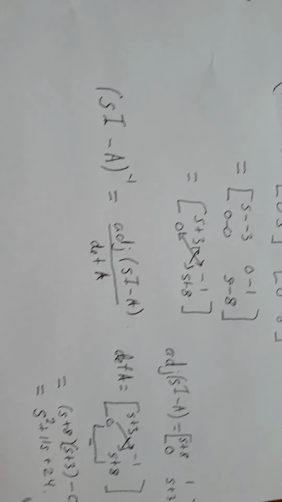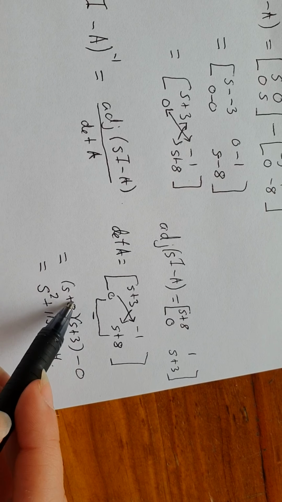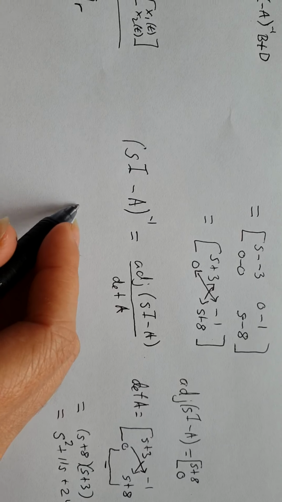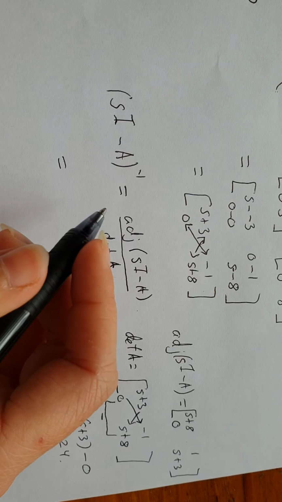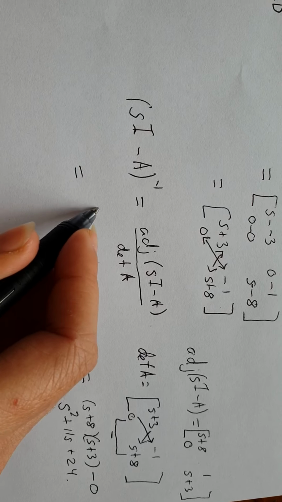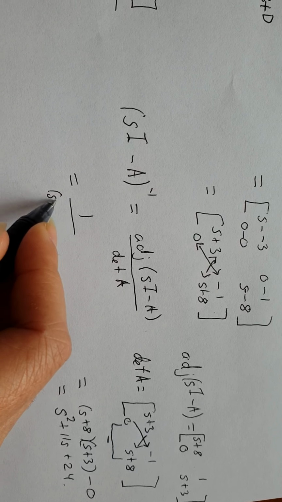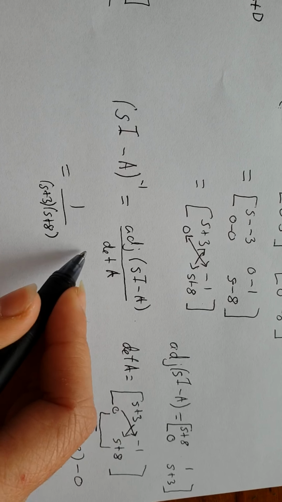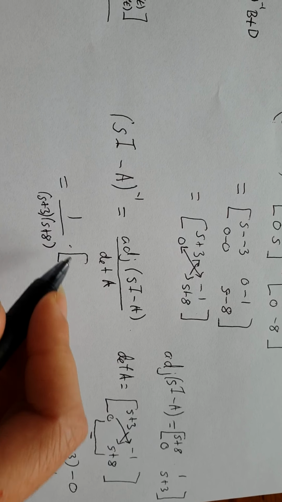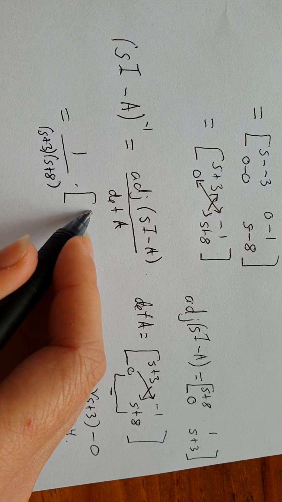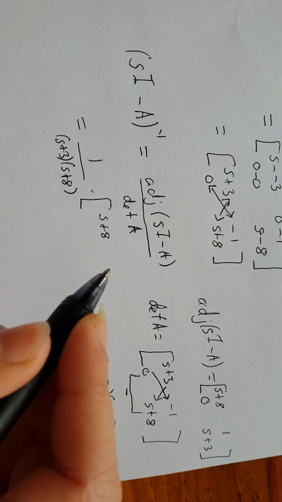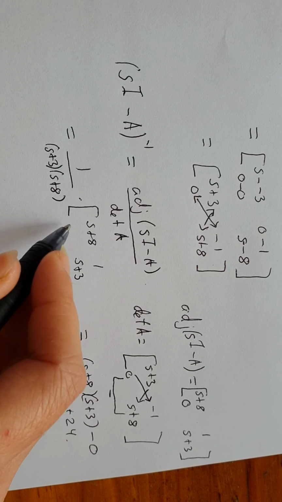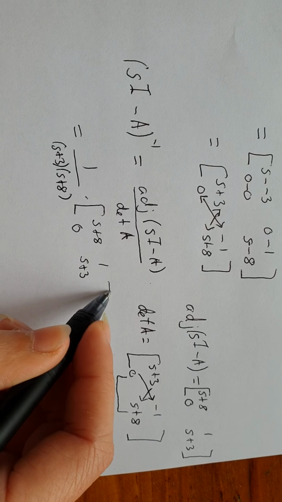Okay, so now that we have our determinant and our adjugate matrix, let's go ahead and write them all together. So we have, it's much easier to write it like this. S plus 8, S plus 3, 1, and 0.